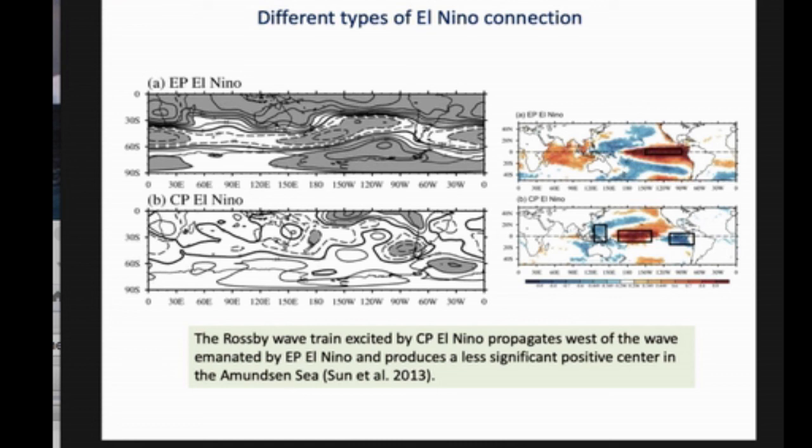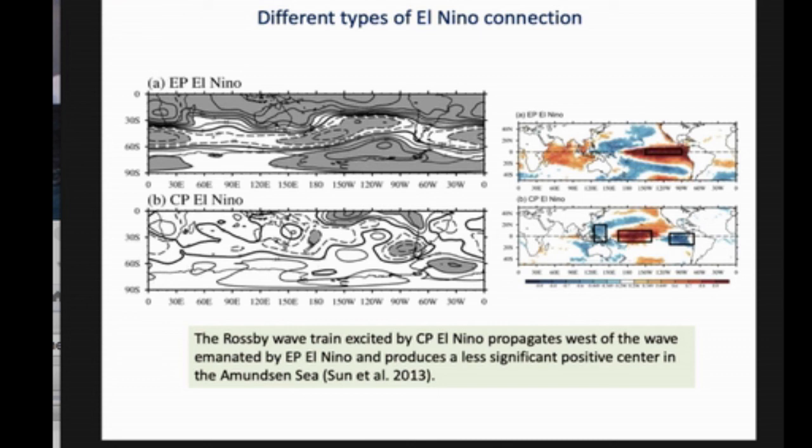So the Central Pacific events are weaker, and that's basically why it's not as significant. This is another wave train going to the Weddell Sea, not influencing the Amundsen Sea low. But in this paper, they mainly conclude this is the wave train coming out from Central El Nino events.